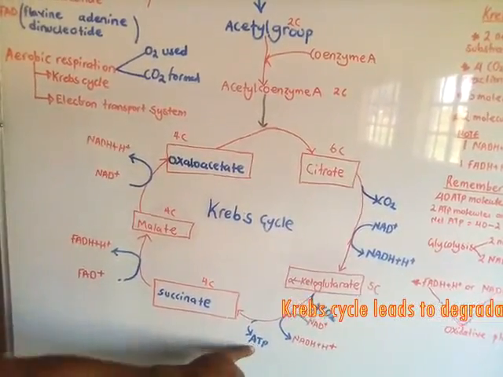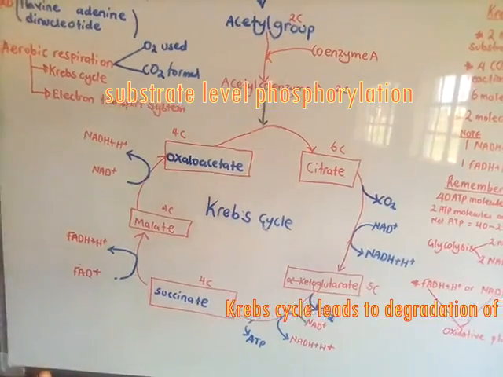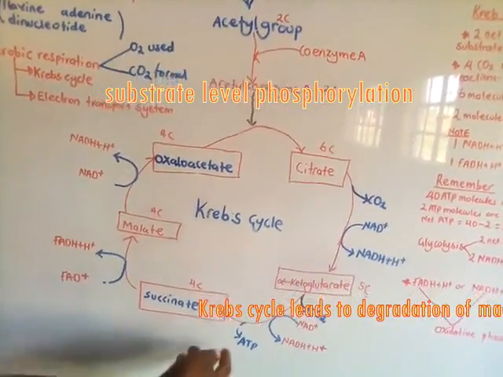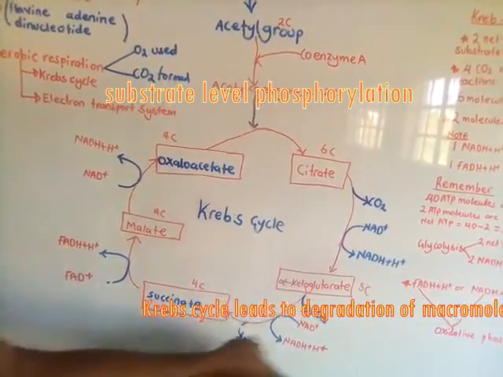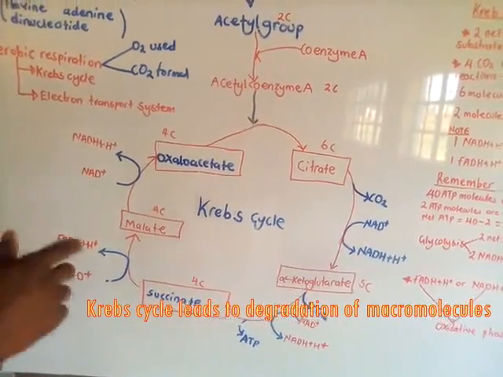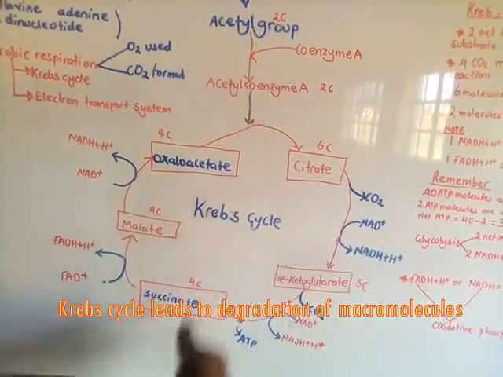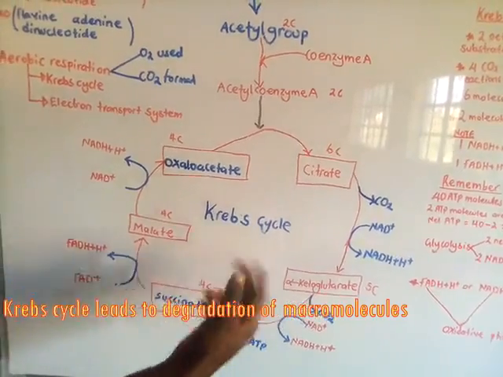But this ATP formed here is as a result of substrate level phosphorylation, in that we are going to get ADP and it's going to form ATP, not as it happens in the electron transport system. That one which happens in the electron transport system is called oxidative phosphorylation. This one is called substrate level phosphorylation.